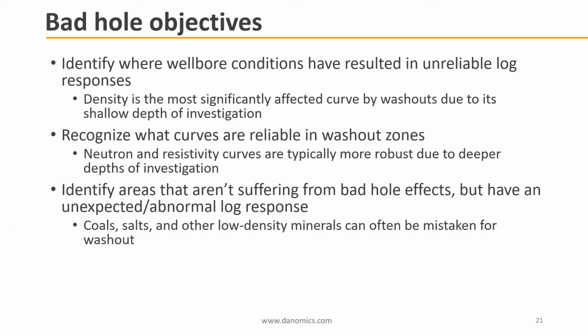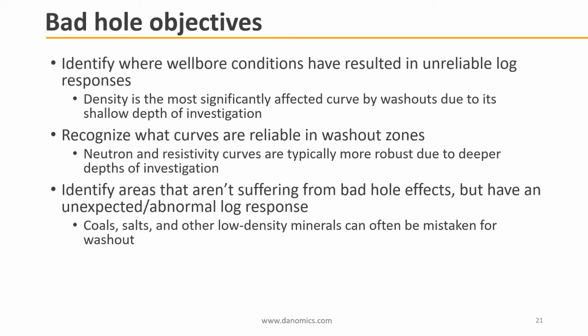And it's also just an important reminder that you are identifying areas that have a bad or abnormal log response, and wells that have an expected response. And sometimes it can be difficult to determine the difference between what is abnormal data and what is data that is just rare.